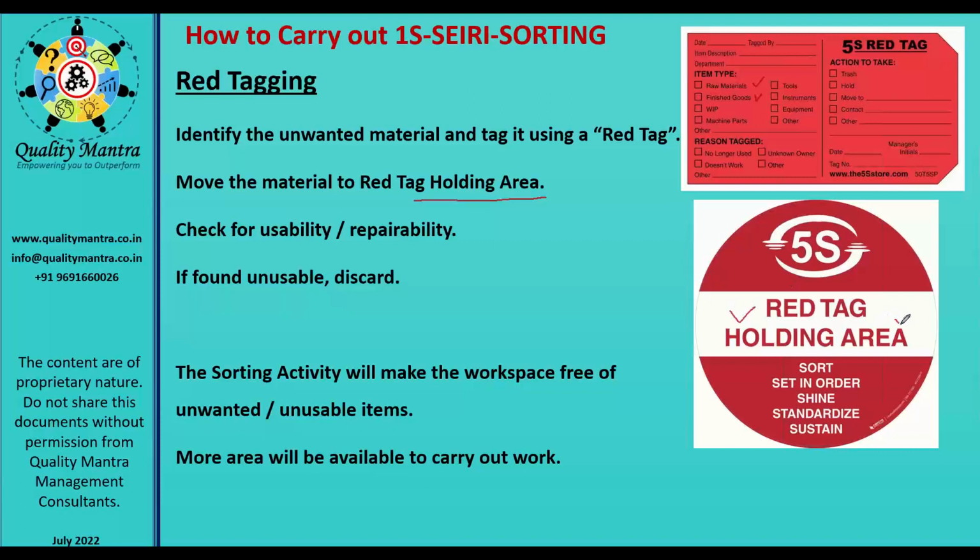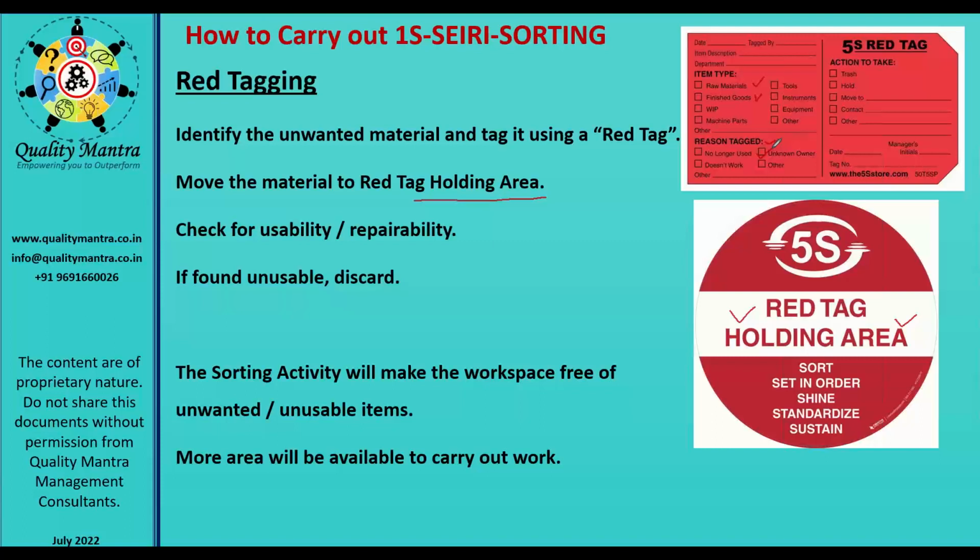These are the things written on the red tag: why you have tagged it. Unknown owner, for example: there is something lying at your workstation, you don't know whose material it is, and nobody has come for it for a day or two or a few hours.